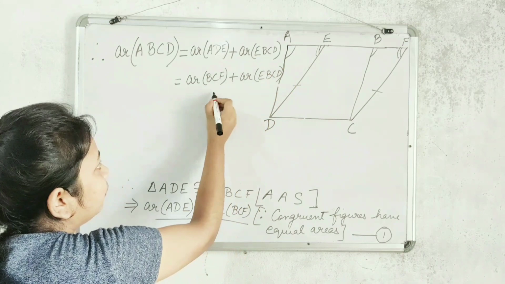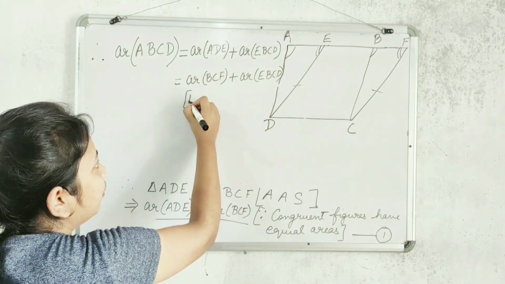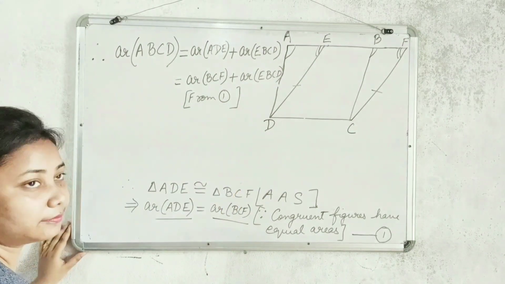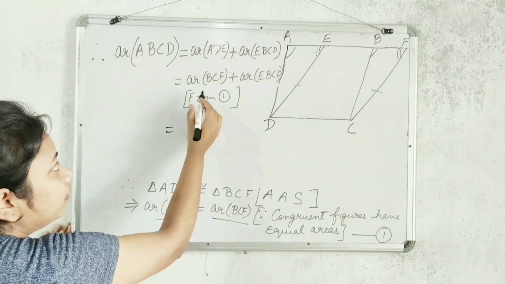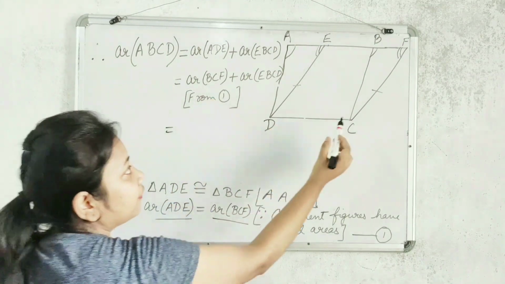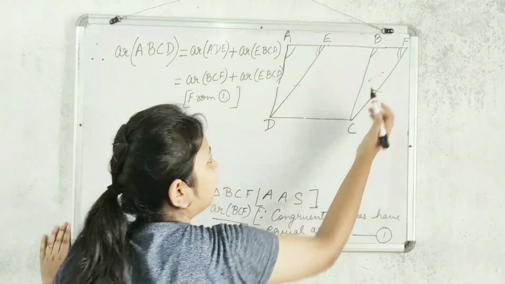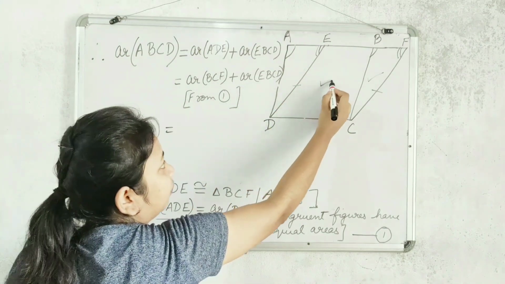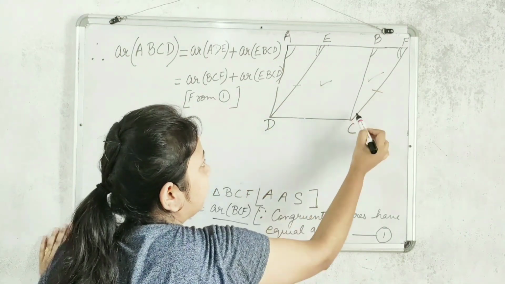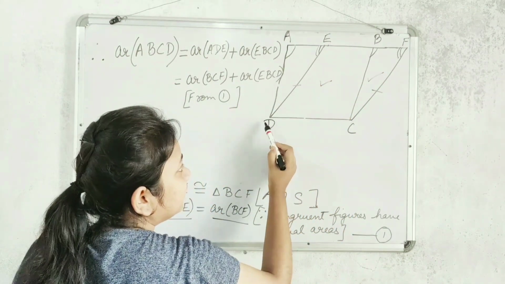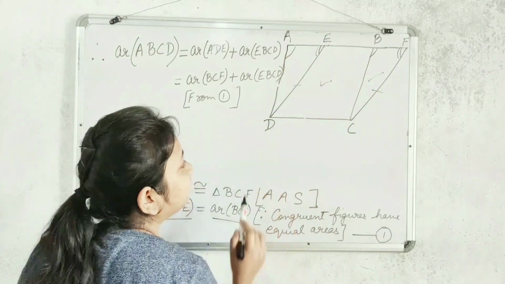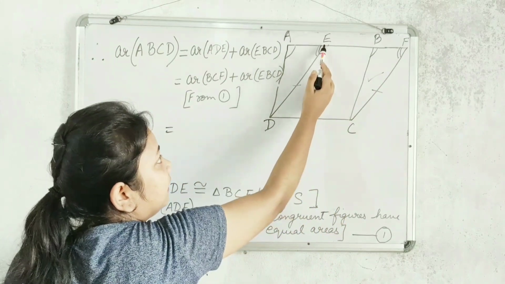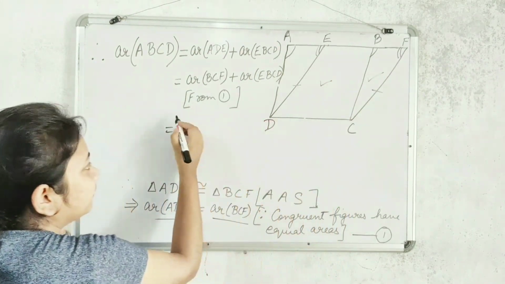The reason is from equation 1. Now if we add up this triangle BCF and EBCD, this part, then we will get the full parallelogram EFCD.